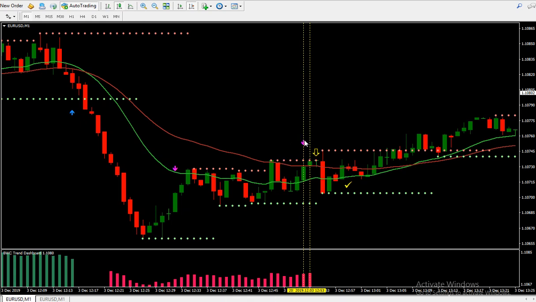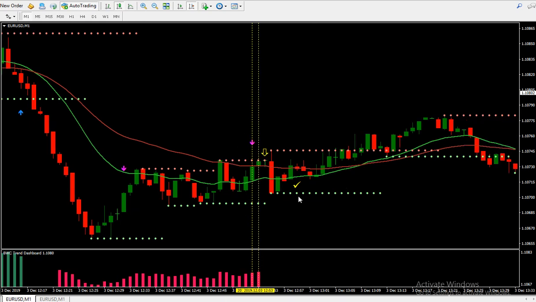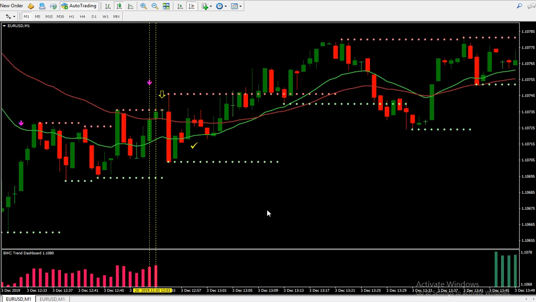Then you get a down arrow. That's a sell signal. The price or a candle has either touched or closed above resistance. Sometimes it is a former support that has been broken, therefore acting as resistance. When all those conditions are met, you enter a trade without issues.